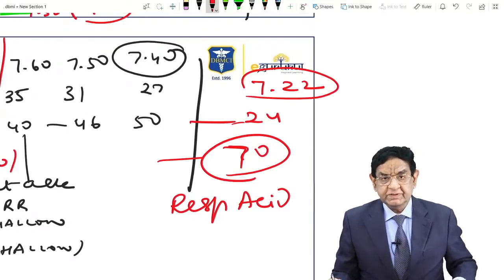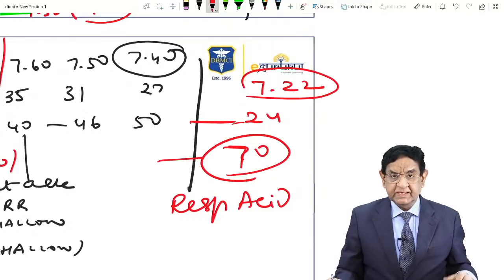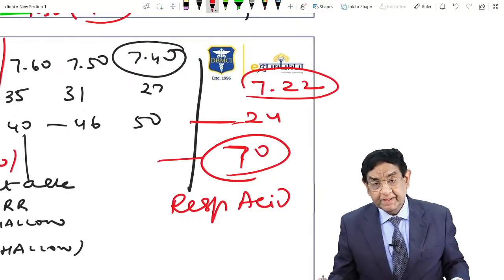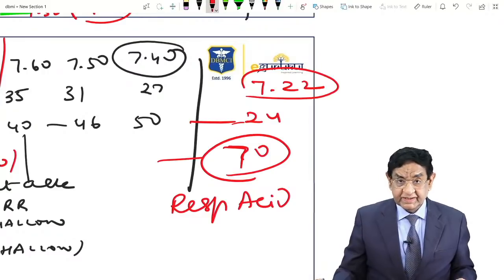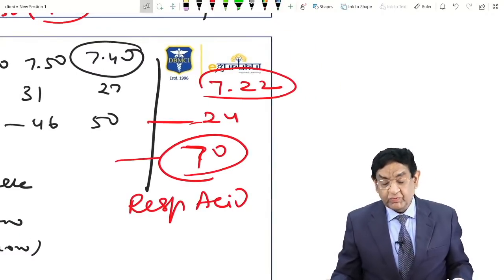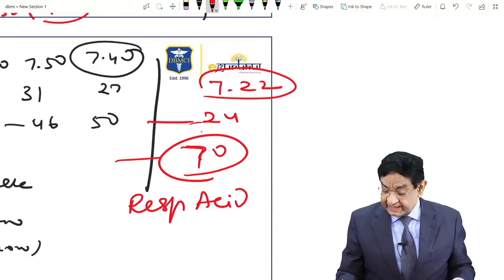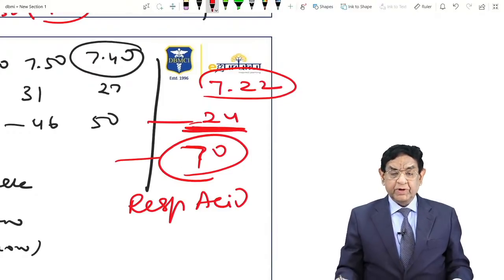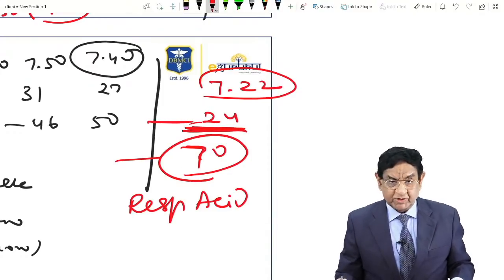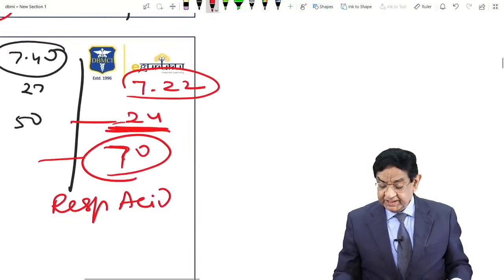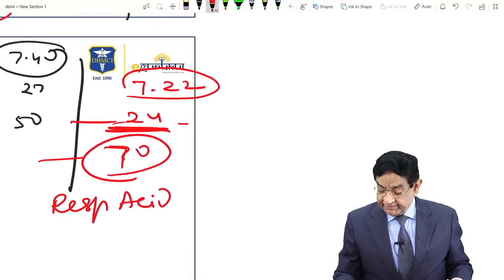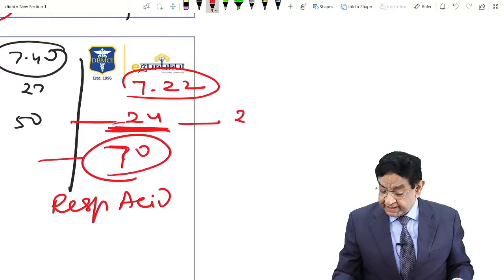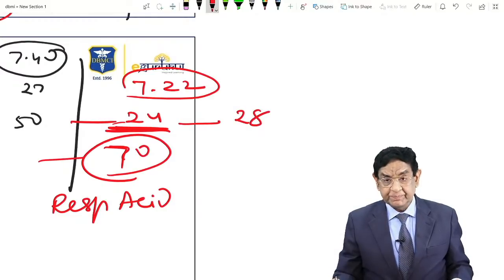Now these lungs are in trouble. The kidney is the friend. What does the kidney have? Kidney has alkali. The body wants alkali because the acid level is very high. So how do you think the kidney will compensate? It will try to retain bicarb.